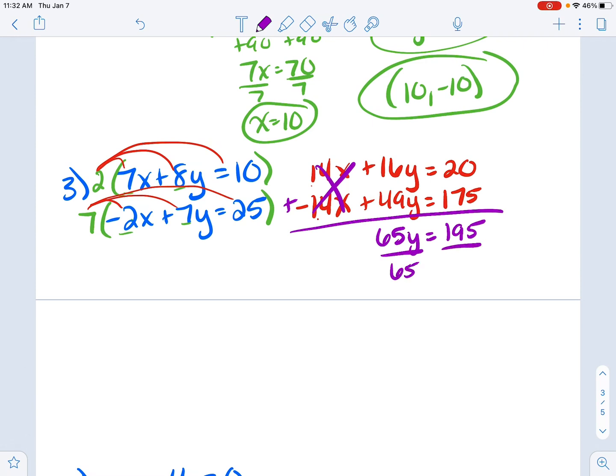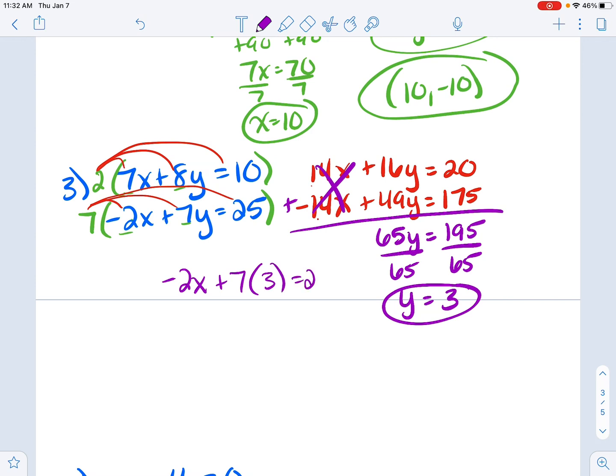Divide each side by 65 and you're left with y equals 3. We found our y, now let's find our x. So we're going to plug that back in for y into one of our equations. I'm going to use the bottom equation. So we have negative 2x plus 7 times 3 equals 25.